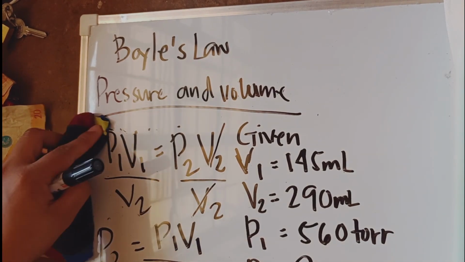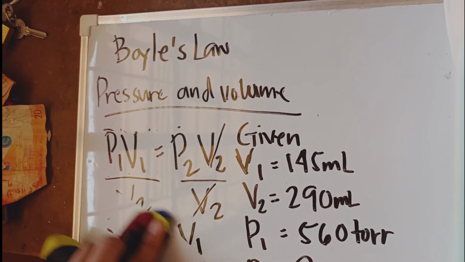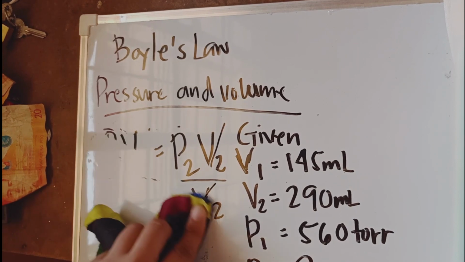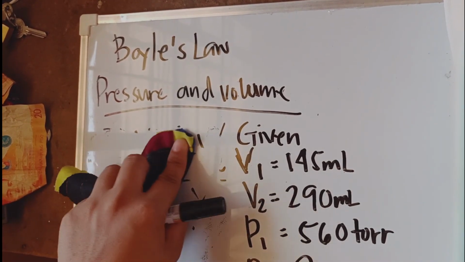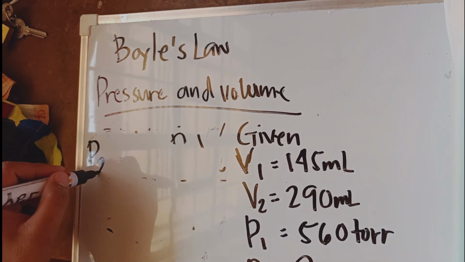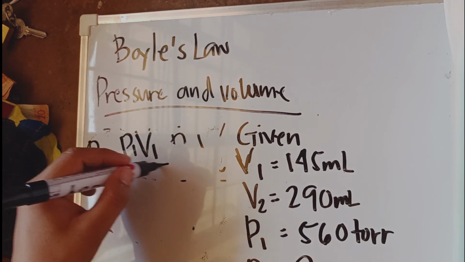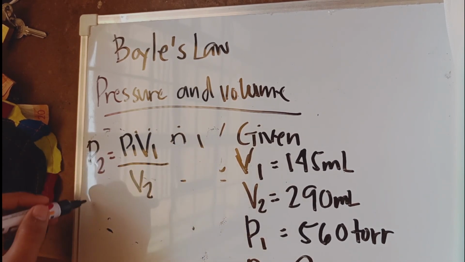This time we can solve this using the formula that we derived. Pressure 2 is equal to pressure 1 multiplied by volume 1 over volume 2.